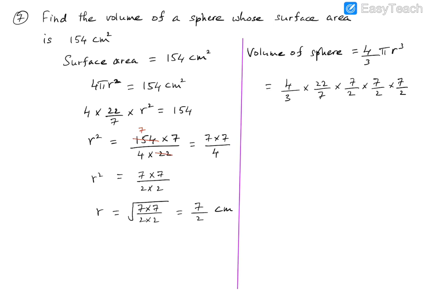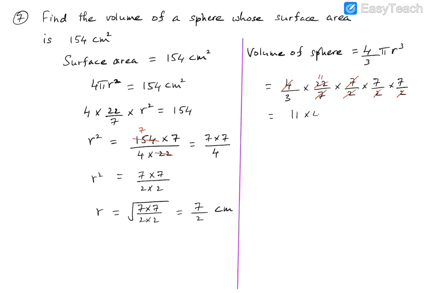One of the 7s cancels out with the 7 in the denominator here. The 2 goes into 22 11 times, and one of the other 2s, this is 2 and 2, that's 4, so that will cancel out with the 4. We are left with the remaining numbers, which is 11 into 49, since 7 into 7 is 49.